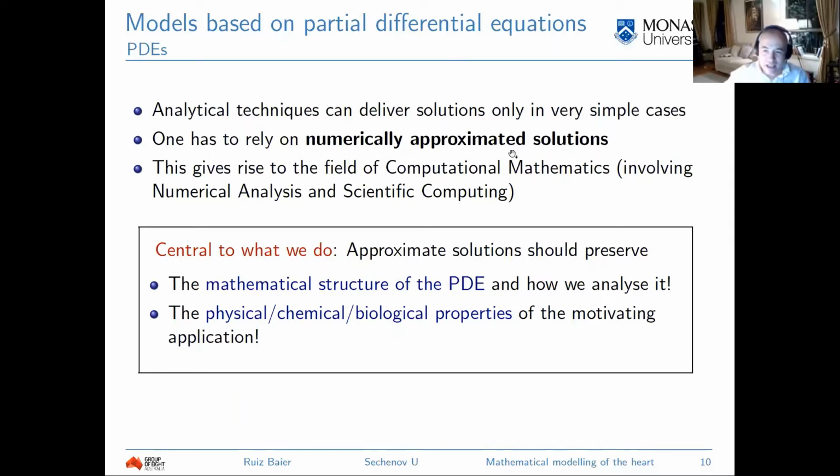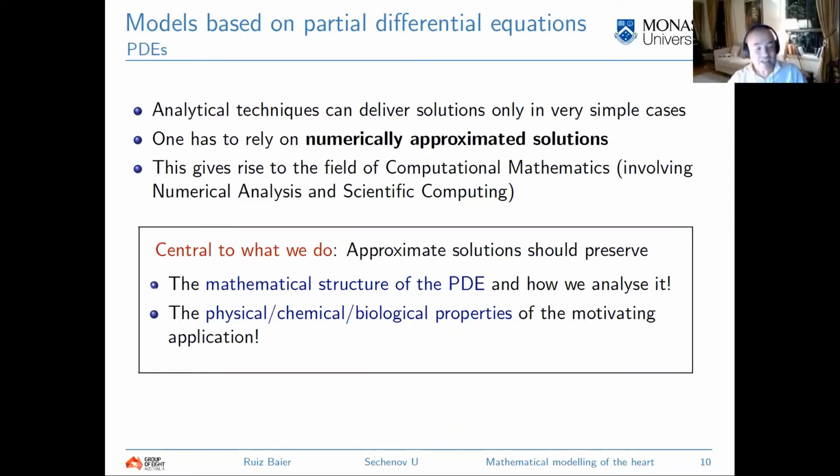The mathematical structure of the equations that we're working with also needs to translate into the approximate solutions that we have, which are copies or approximations of that exact solution that I would be able to write with pen and paper. They need to be relatable to the solution of the physical problem that we want to solve.